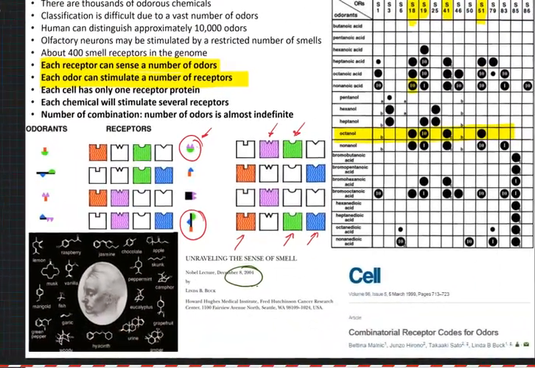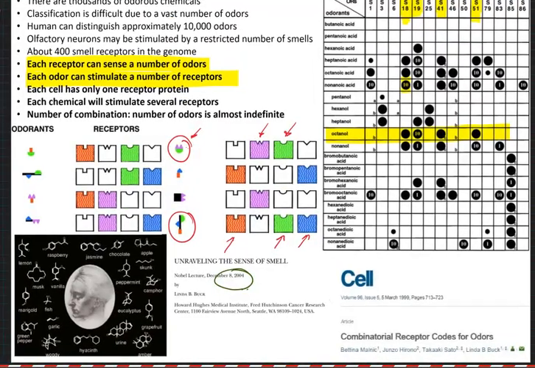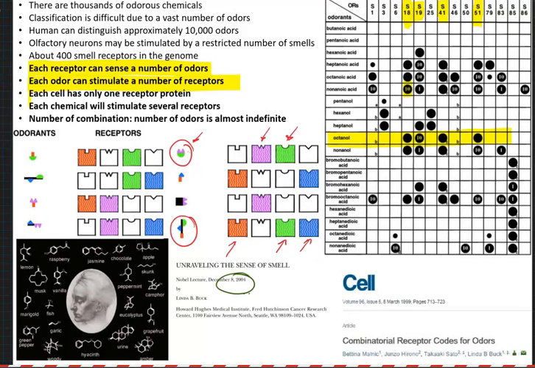So at the end of the day, we can sense a lot of smells. What's really important, each individual olfactory neuron carries only one type of receptor, which makes sense because if a neuron can be triggered by different odors, it's going to be cacophony. Do you understand what I'm saying? Basically, imagine you have a piano with 400 keys. No, seriously.